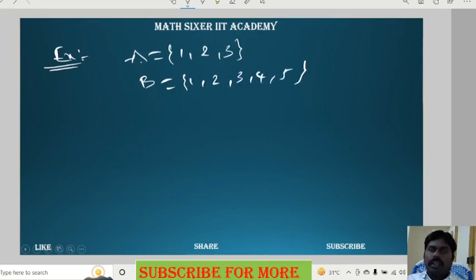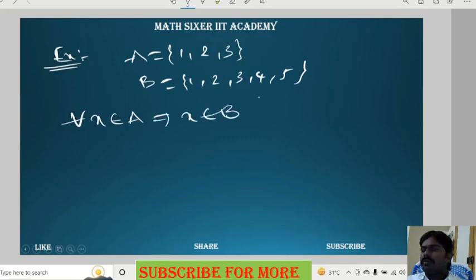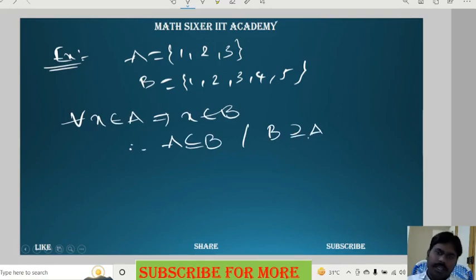Now, for all elements of A: 1 is there, 2 is there, and 3 is there in B. So every element of A is an element of B, so A is a subset of B, or B is a superset of A. Okay, now we will see a very important point.